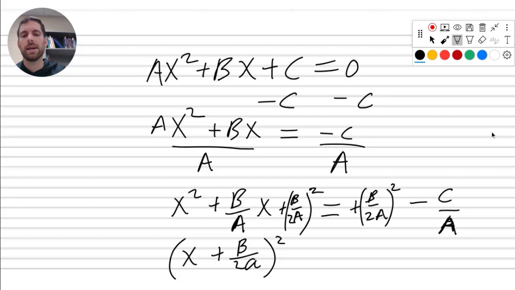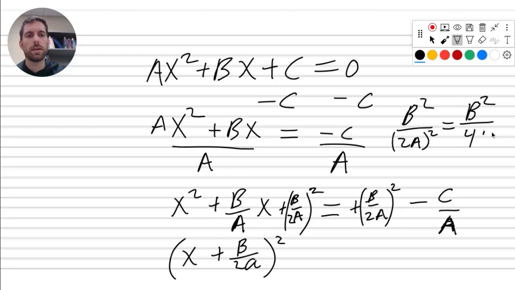Because if I add these together, I will get b over a, because 1/2 plus 1/2 is just 2 over 2, or b over a. And if I multiply them together, I will get b squared over 2a squared, which is b squared over 4a squared.